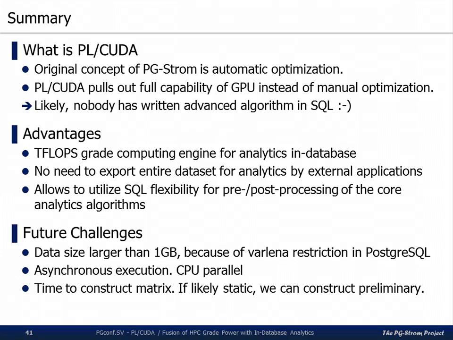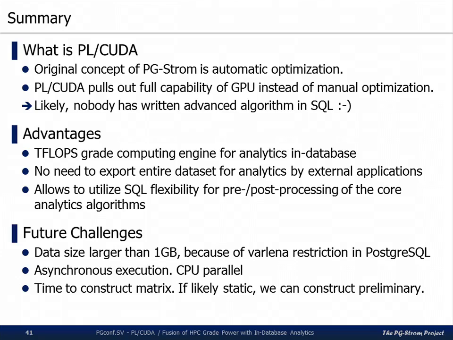And its future challenges are multiple. The highest priority is data size larger than 1 gigabyte. It comes from a restriction of the variable length format in PostgreSQL, so probably we have to enhance this implementation.